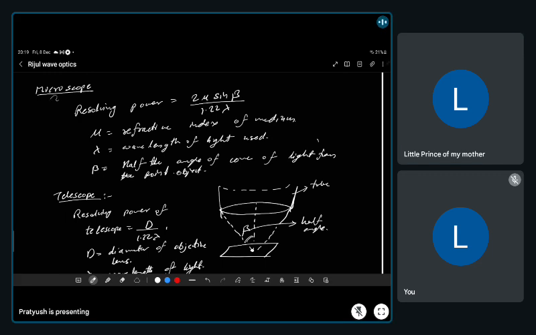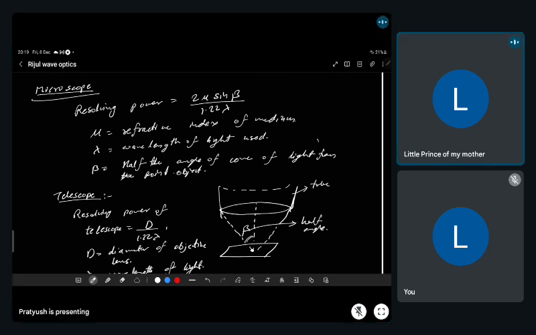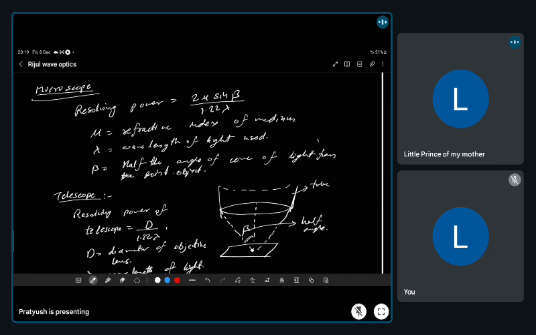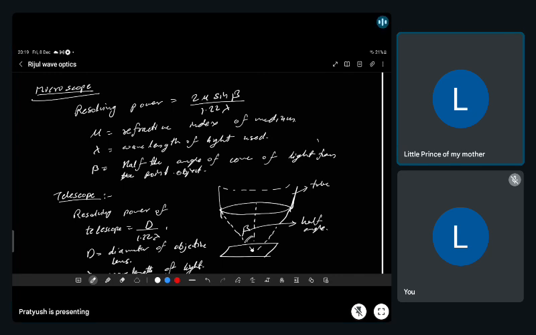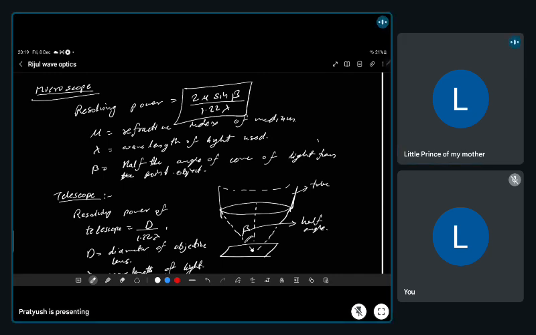Now let us come to the microscope. What is a microscope? The resolving power of a microscope is 2 mu sine beta by 1.22 lambda. Now what is this angle beta? This angle beta is the half angle.